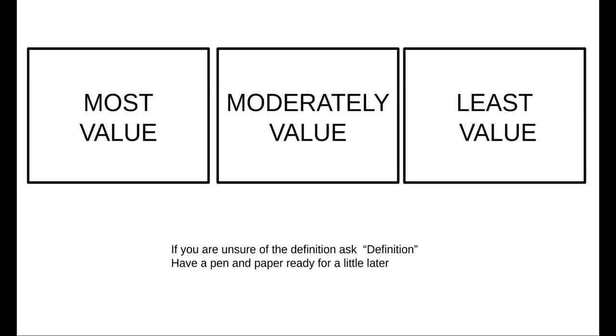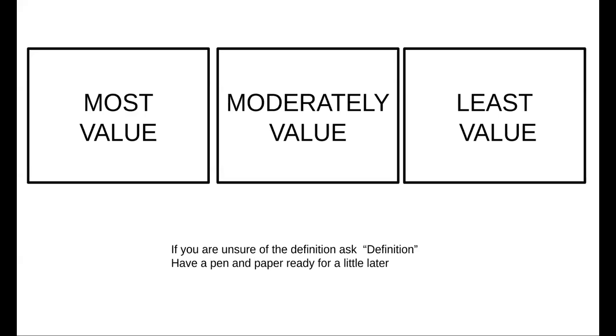The first section that we're going to go through is asking a question: is this most valuable, moderately valuable, or least valuable? What I'm going to do is read to you a single word. What that word means to you is more important than the dictionary definition.